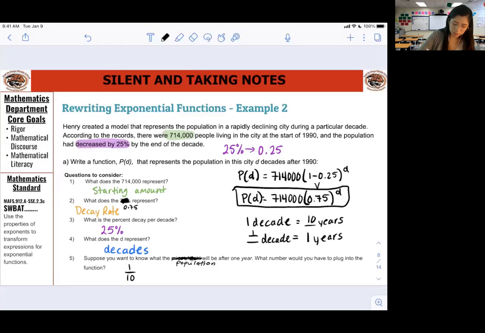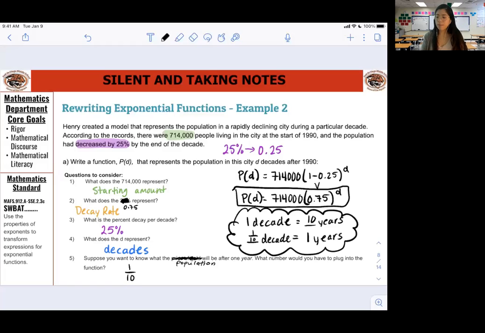So this is 1 over 10. So if I wanted to know the amount of people in this city after 1 year, I'm going to have to plug in 1 over 10. Does anyone have any questions on that?